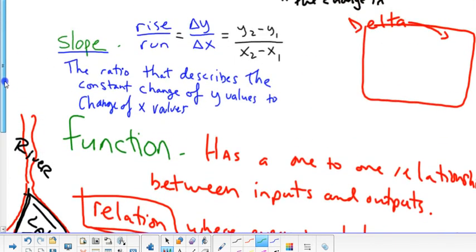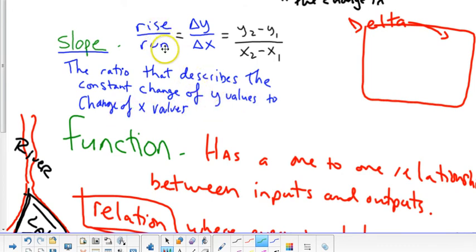Now we're going to talk a little bit more about this, but slope talks about the consistent change in the relationship. If the relationship is linear, then it has a constant change, and the way that y changes compared to how x changes, that ratio is called the slope.